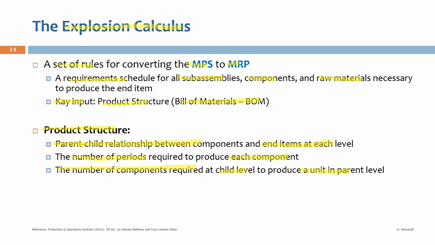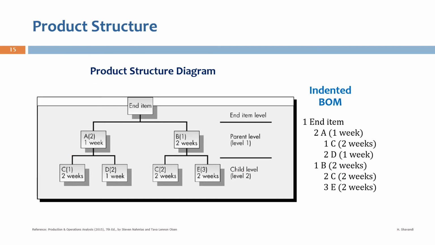So these are the data that we will include in the product structure. Okay. So here we have an example of a product structure, or BOM. We can show this by a diagram or indented structure, as you see here. Here the end item, our finished good, will be made by two sub-assemblies, A and B. The number in the bracket mentions the units that we need of that item in order to produce the end item.